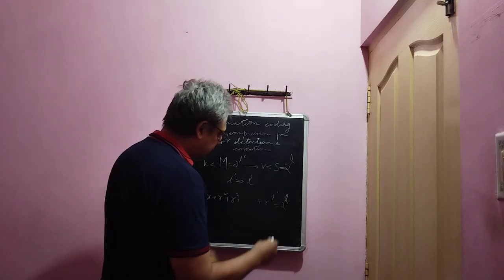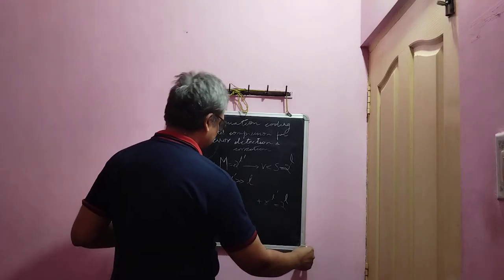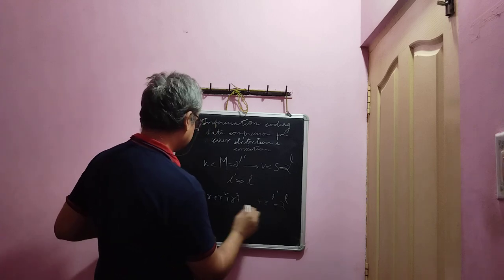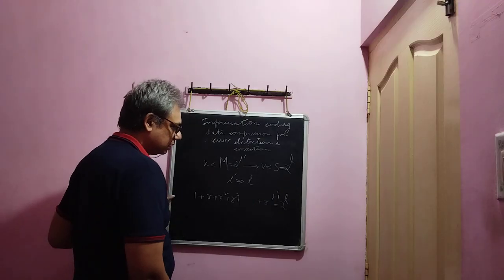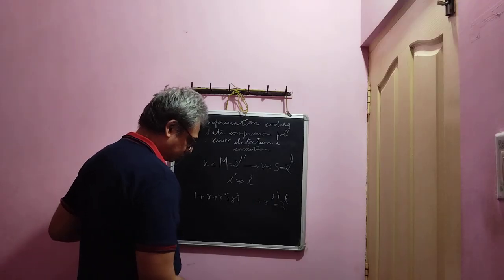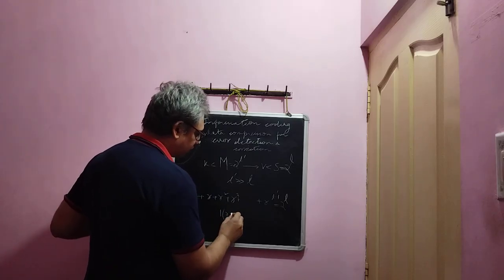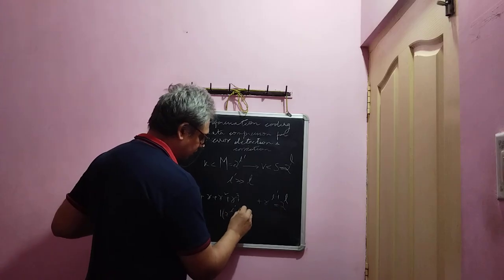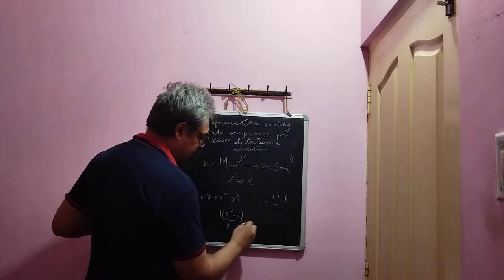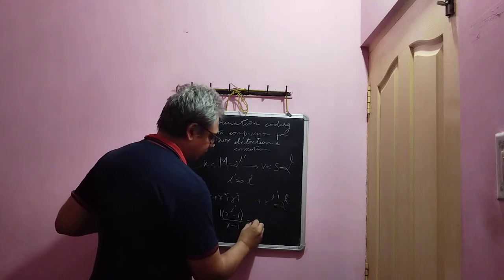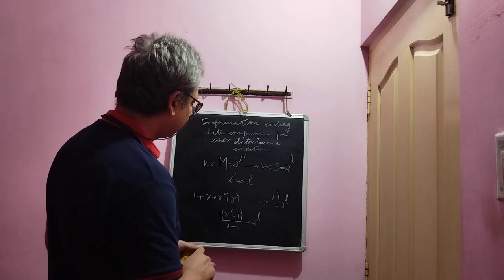So this is nothing but (r power l dash minus 1) by (r minus 1) is equal to 2 power l.